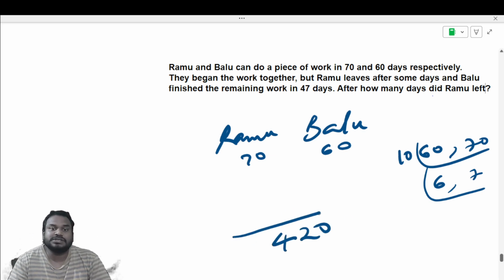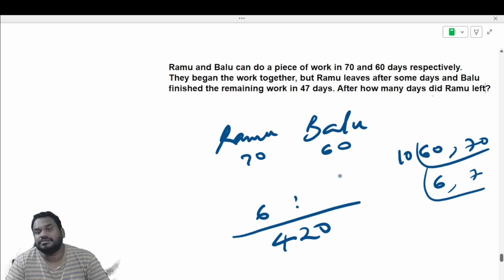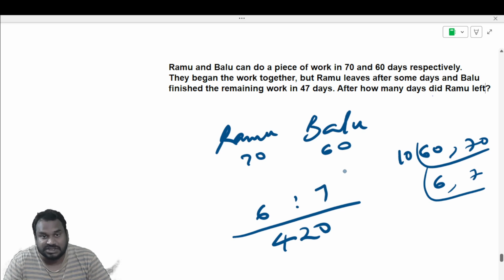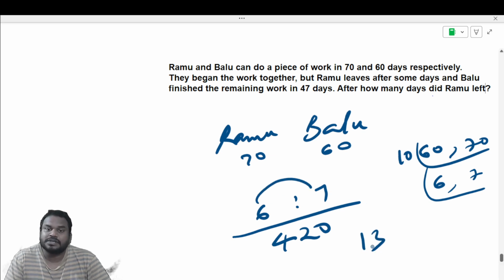Here 420 by 70 is 6, and 420 by 60 is 7. So 6 and 7 are their efficiencies. They begin the work together, so the efficiency becomes 13.